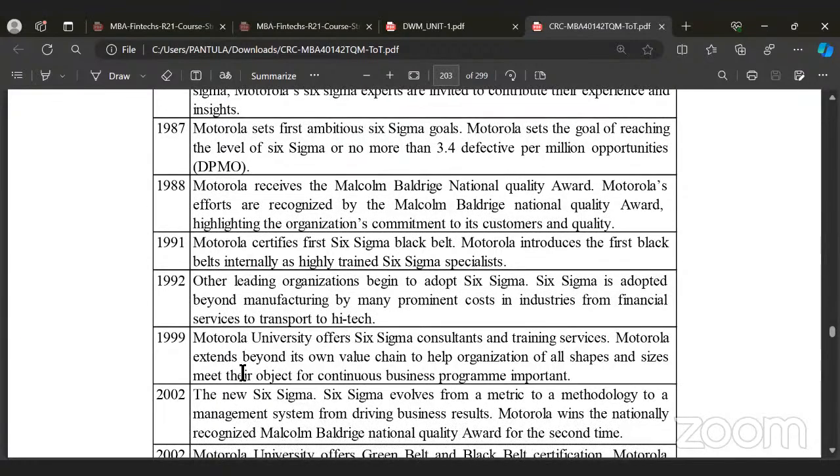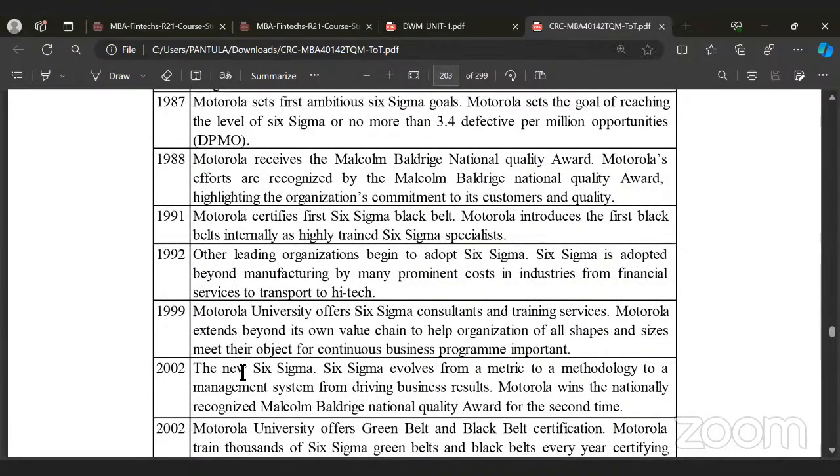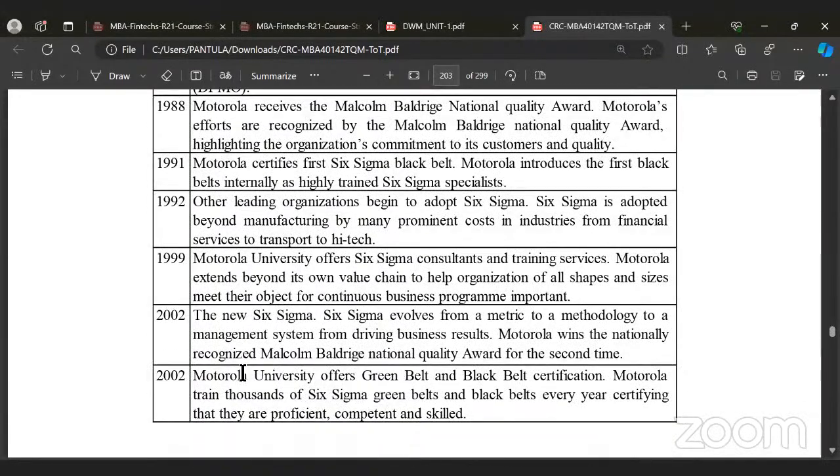Then Motorola receives the national quality award. Motorola's efforts were recognized by the Malcolm Baldrige National Quality Award, highlighting the organization's commitment to customer quality. In 1991, the first Six Sigma black belt was achieved by Motorola.